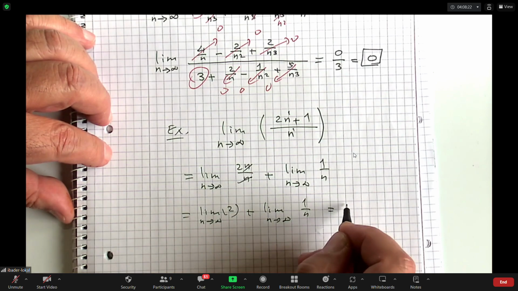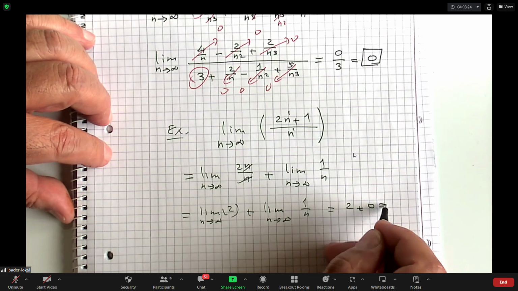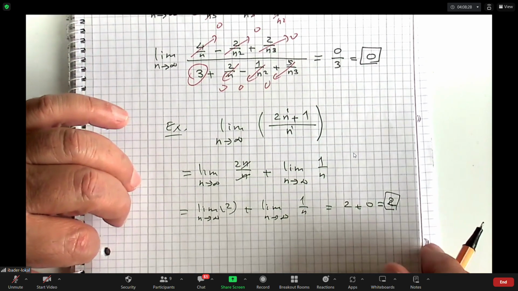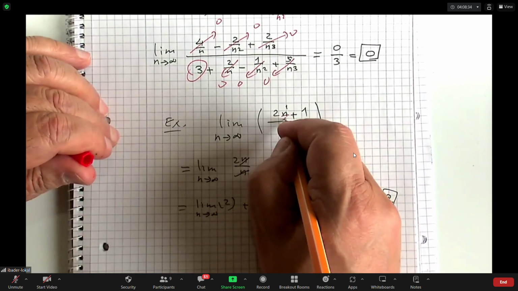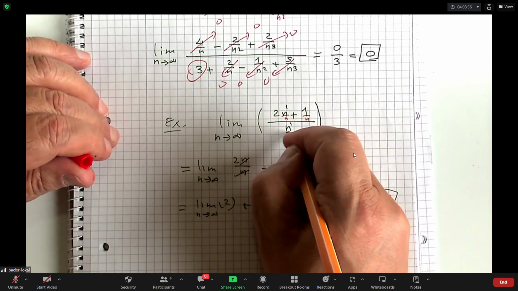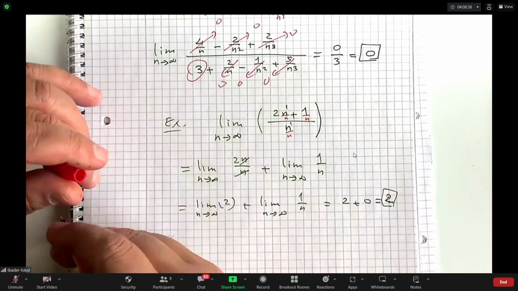And this is equal to 2 plus 0, which is equal to 2. This is one way to do it. Or you just use the same technique we used before, and you divide everything here by n. So you end up with, of course, the same.